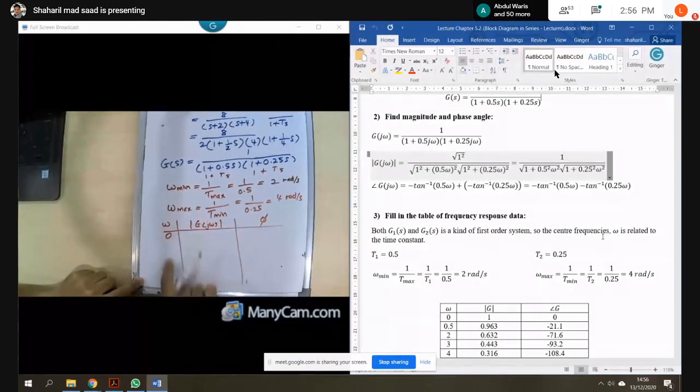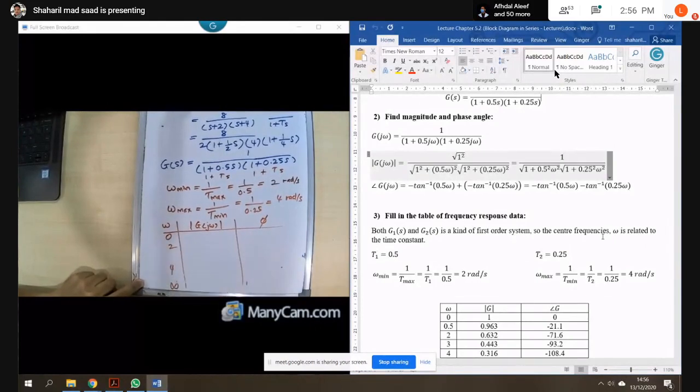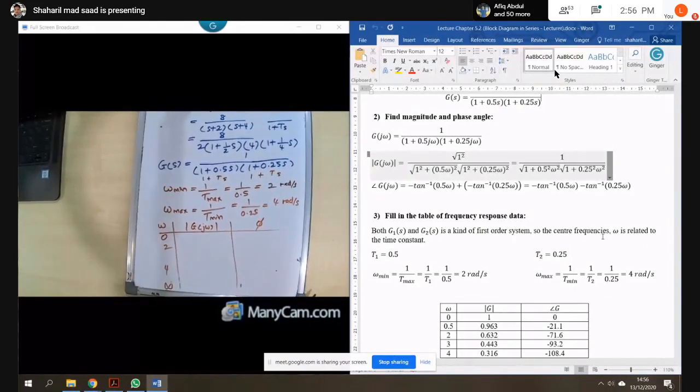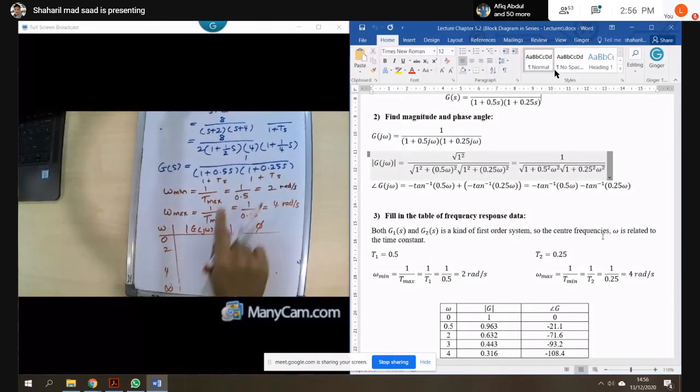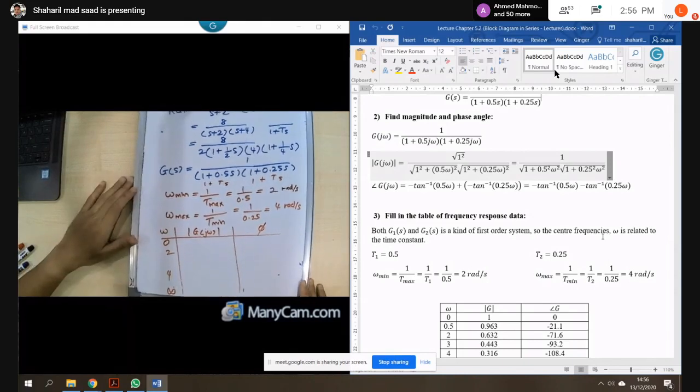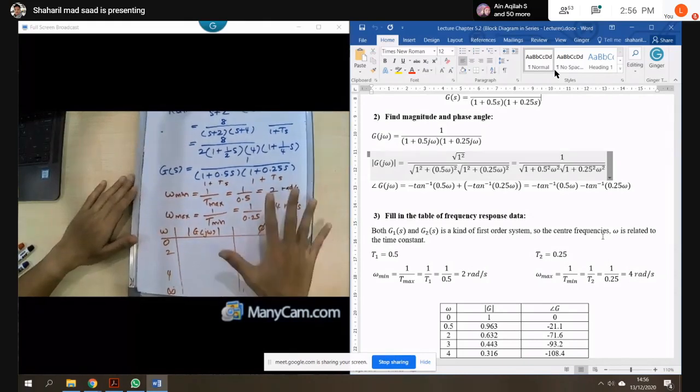Between these, the values are 2 and also 4. So you can see the application. This is the guideline, 2 and 4. That means your omega needs to include 2 and 4, so that when you plot the Nyquist diagram, it will be very smooth. Done. Next part, do you have any questions? No?